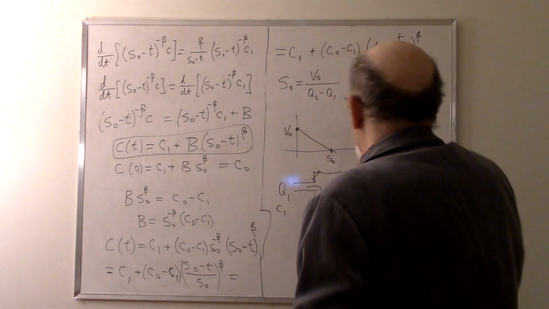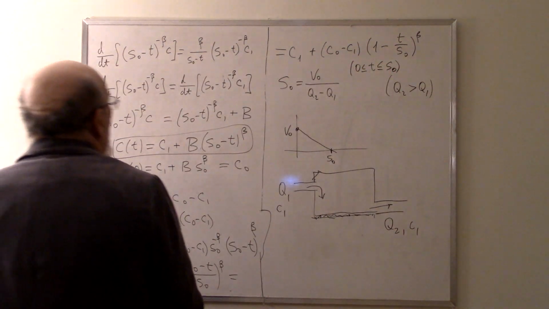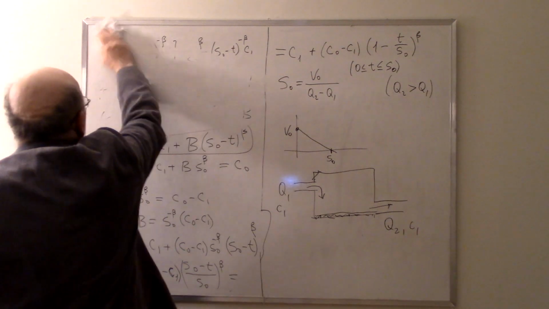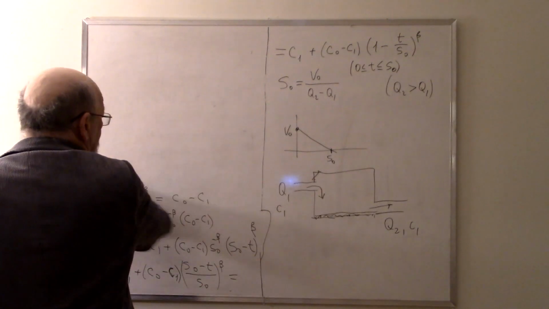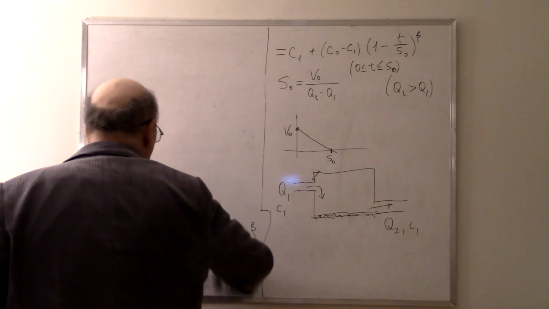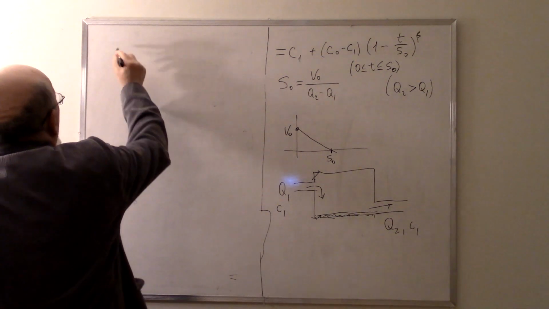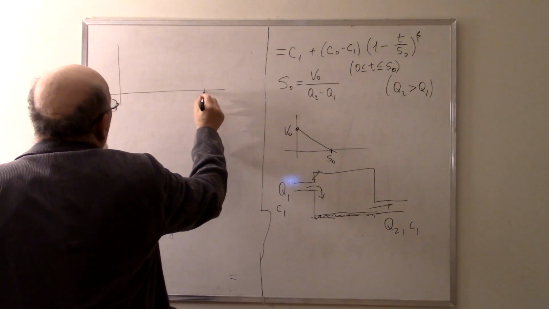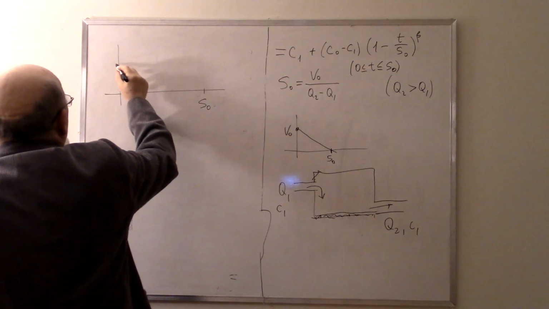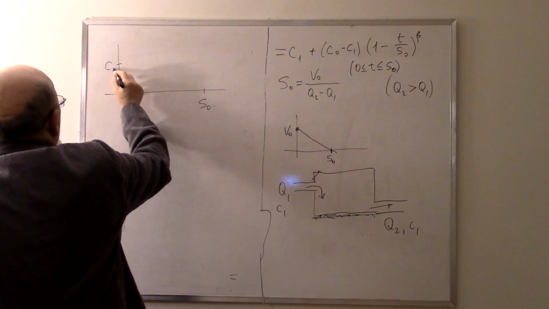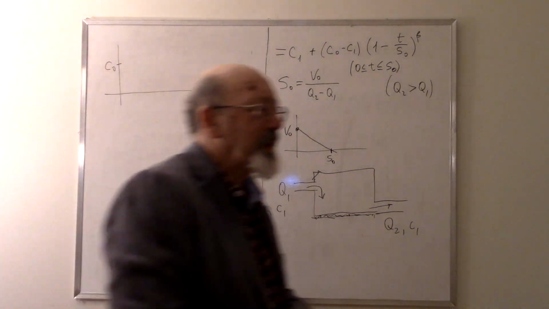Let us look at this solution. Here was C0. Now suppose, for example, that C1 is 0.